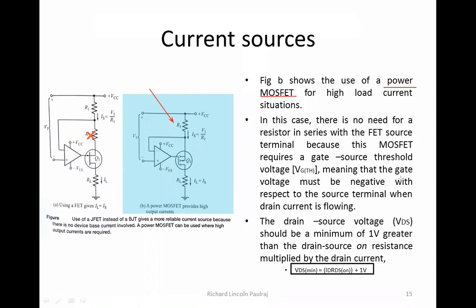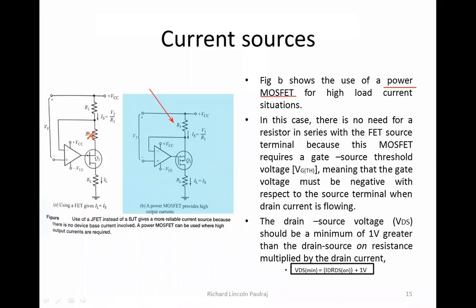Meaning that the gate voltage must be negative with respect to the source terminal when the drain current is flowing. If I have this drain current flowing, then whatever potential I have here should be negative. Why is this needed?